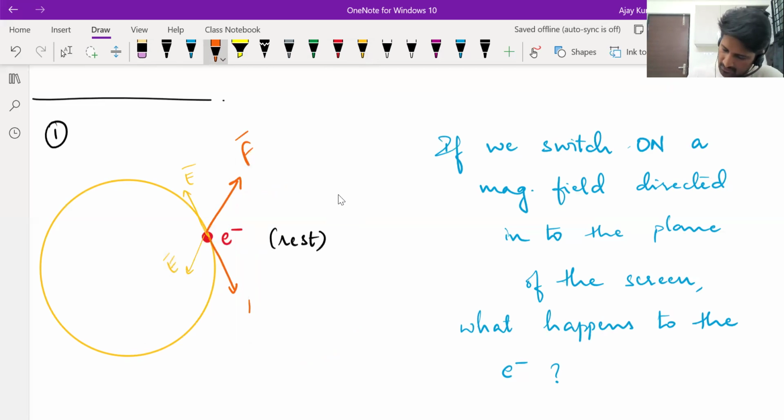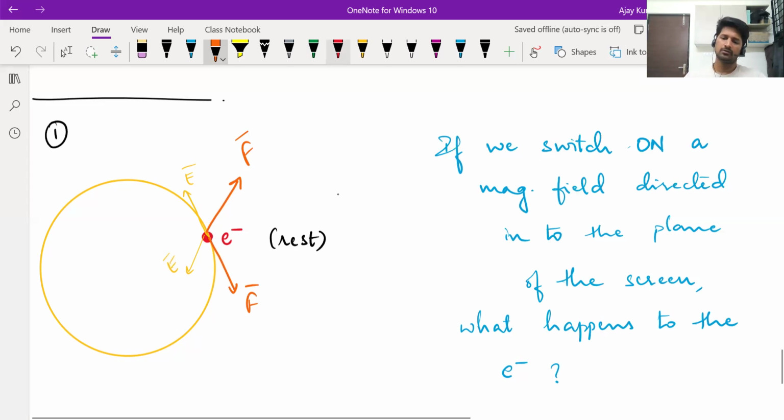Then the force will be this way. So we can't exactly tell which way the electron is going to experience a force. It depends on the exact space in which you are switching on the magnetic field. That will decide the exact direction of the electric field, and that will decide the exact direction of the force on the electron. So that we cannot tell, but it will experience a force, that much we can tell.